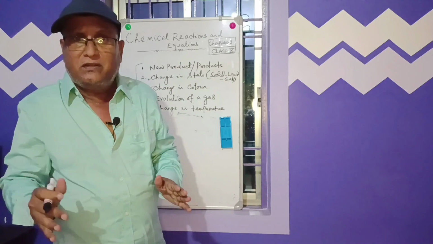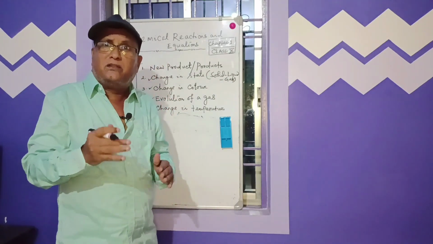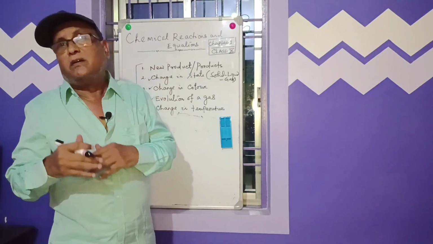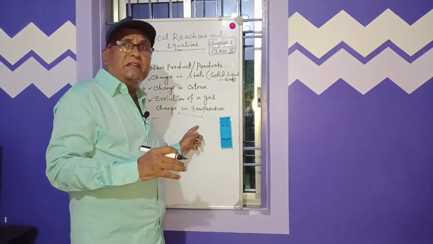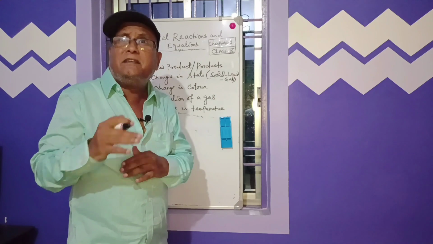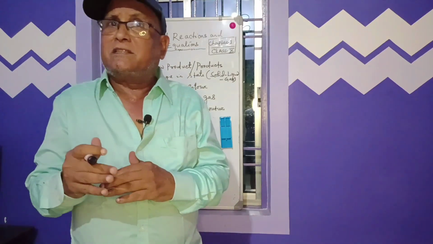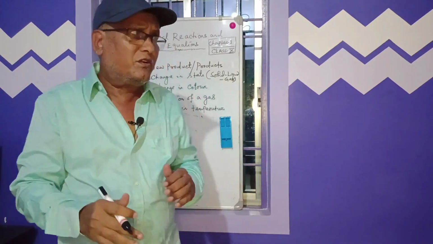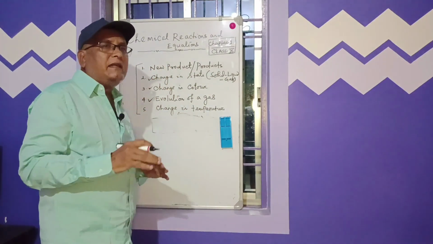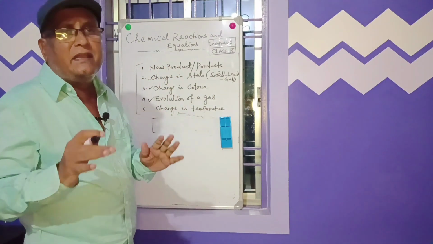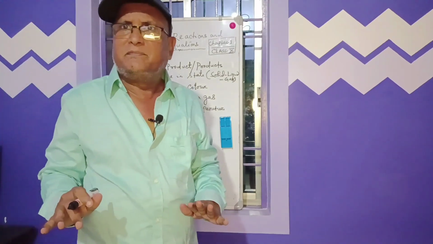During a chemical reaction, heat is either absorbed or released or evolved. Here the temperature increased. So that is the change in temperature that takes place in a chemical reaction. These are the major observable changes that take place in a chemical reaction.